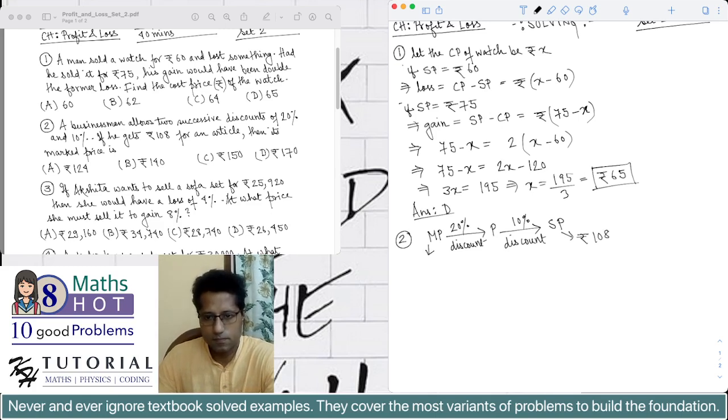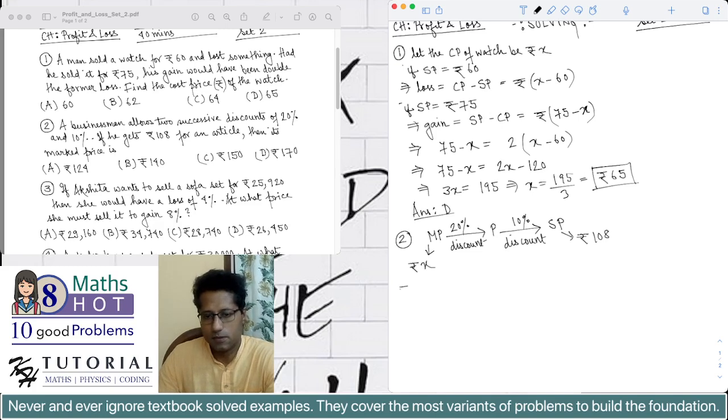So let the mark price be x. I am solving the problem visually, but please do not solve the problem this way in your school or exam. You have to write in words. So we are assuming the mark price to be rupees x.